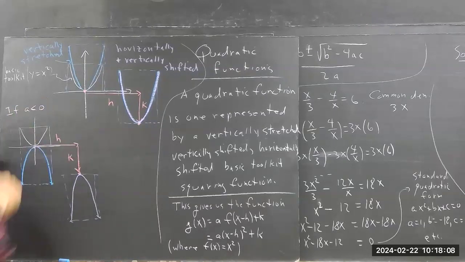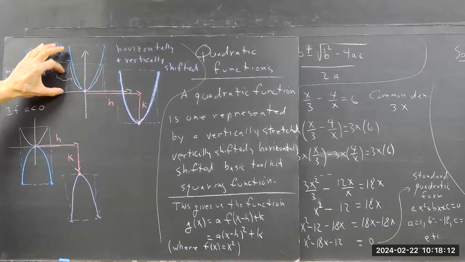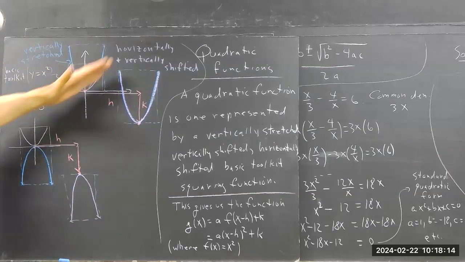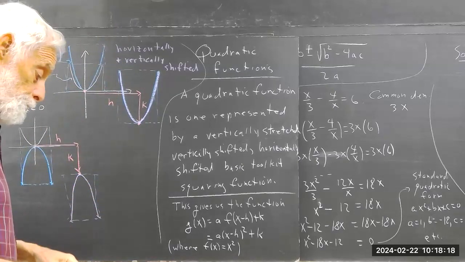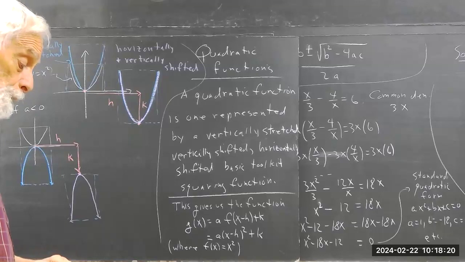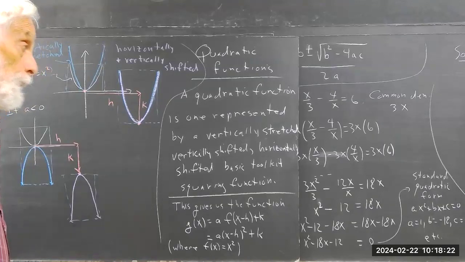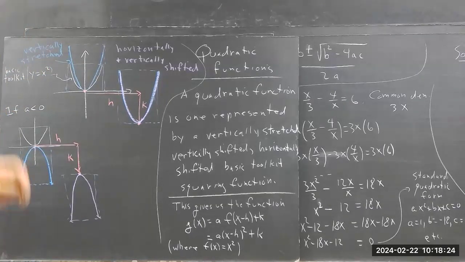If a is less than 0, it's like this. If a is less than 1, then you shrink this box down and it'd look wider. Okay, all that stuff, again, that you should be familiar with from chapter 1.